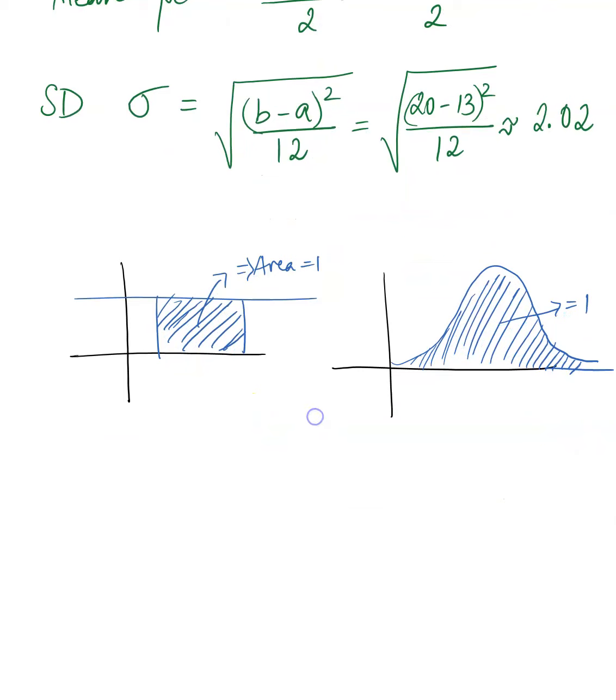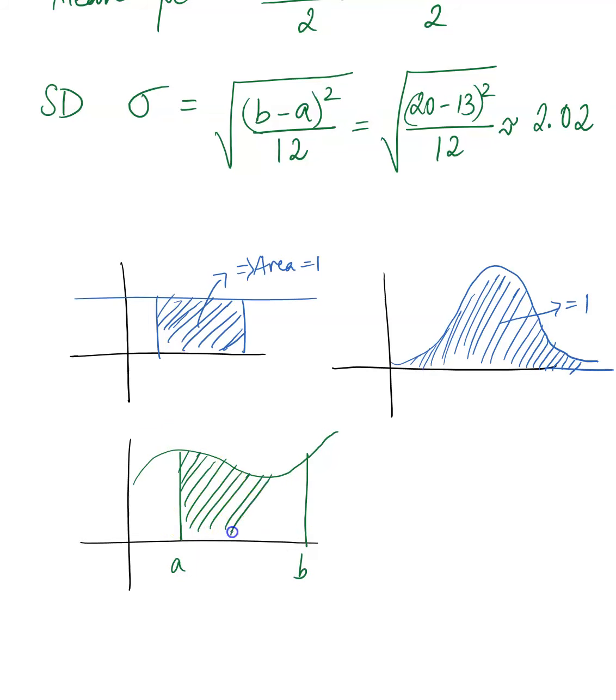So now these are specific shapes, right? One is a rectangle, one is a bell shape. And so they have their own specific ways of calculating them. Now, if you had different shapes, meaning any curves, you can have something like that, and then we could just focus on A to B here. So if that's the case, I should know what this f of x is.